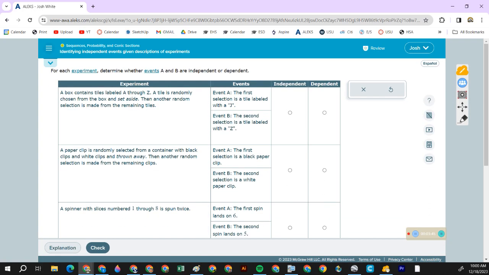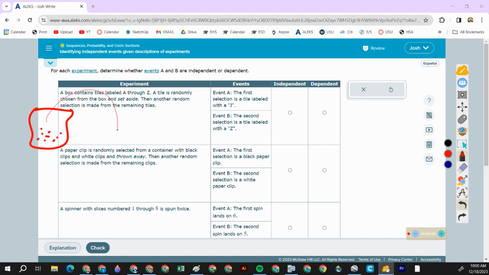For each experiment, determine whether A and B are independent or dependent. The first one, a box contains tiles labeled A through Z. A tile is randomly chosen from the box and set aside. Then another random selection is made from the remaining tiles. So we have a bag here with a whole bunch of tiles in it.